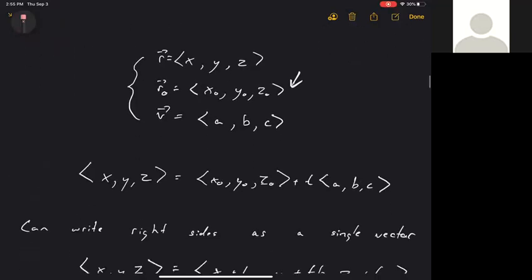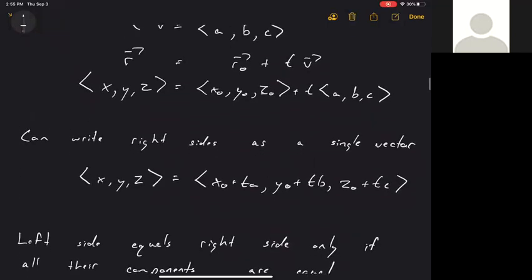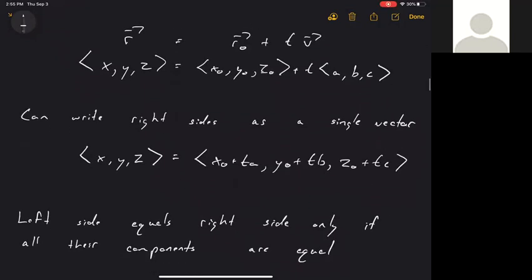Okay. Then the vector equation is just this, right? This is the same thing as R equals R0 plus tv. But we can condense the right side a bit. We can write that right side as a single vector by bringing everything inside one set of, what would you call those? Pointy parentheses. I'm not sure.